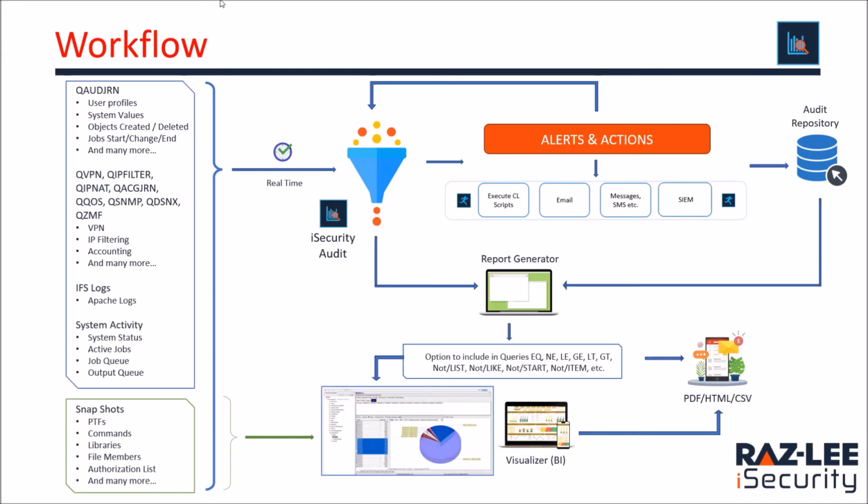So we can put the information into a report, PDF, HTML, or CSV, or we can connect to the iSecurity Visualizer and also get some extra information called snapshots, and then have our data in a graphical way to be presented in business intelligence.